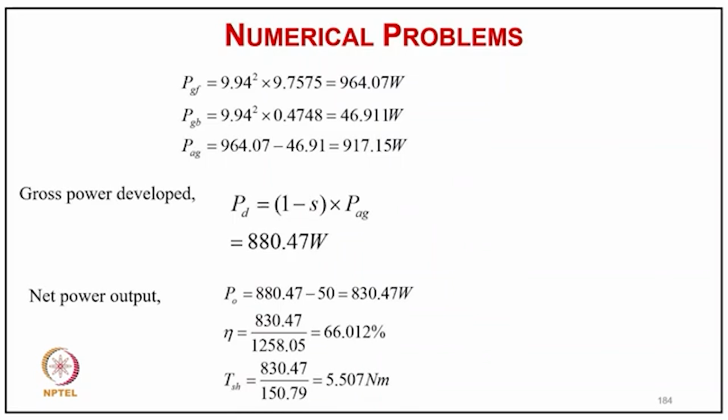You can calculate PGF, 964.46 watt, and PAG equal to PGF minus PGB, that comes 917.15 watt, and gross power PD equal to 1 minus s into PAG, so it comes 880.47 watt. Net power output PO equal to PD minus the friction loss, so it comes 830.47 watt. For efficiency, the output power is 66.0, and the shaft torque is the output power by the speed, 5.507 Newton meter.